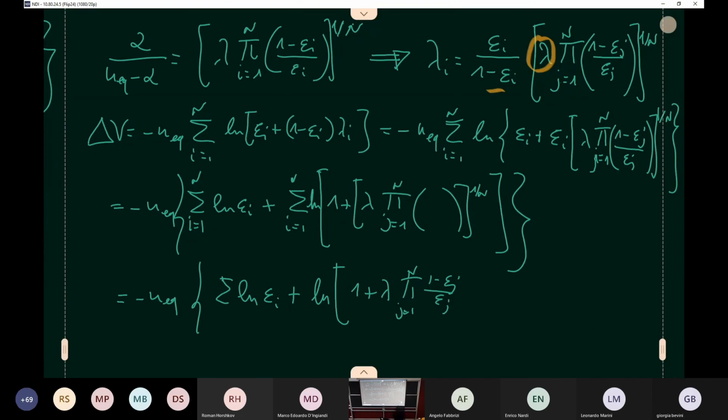All these terms are to 1 over n, and the square parenthesis is at the power n at this point.